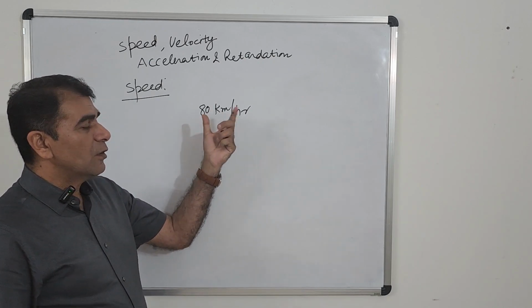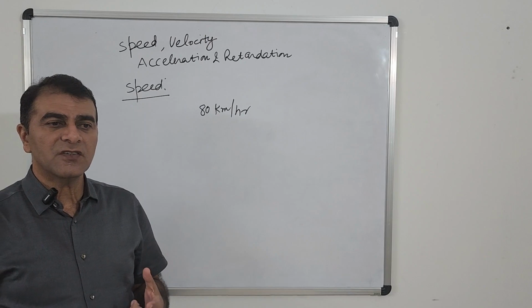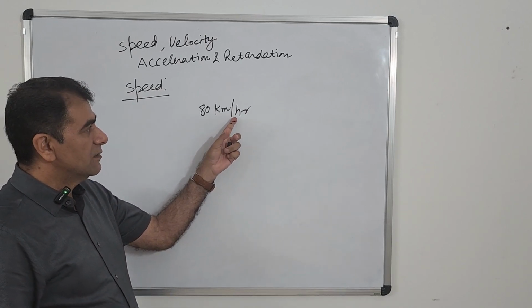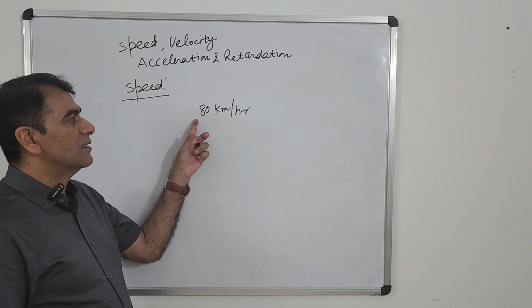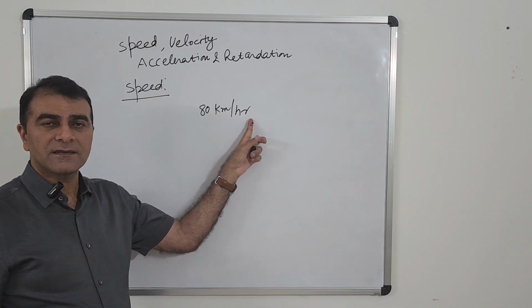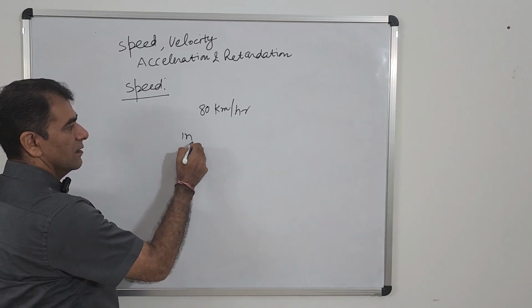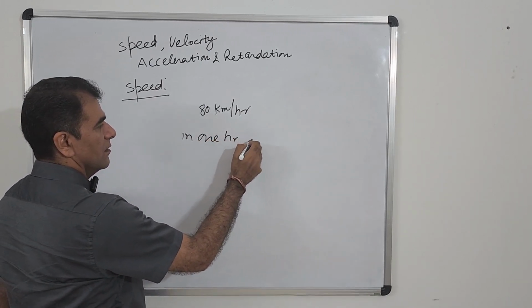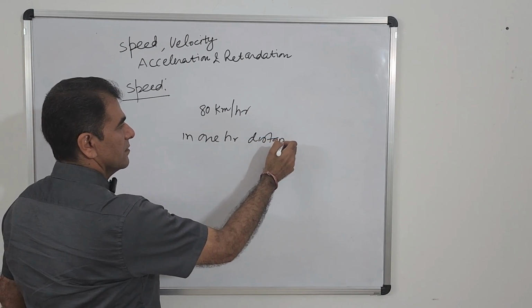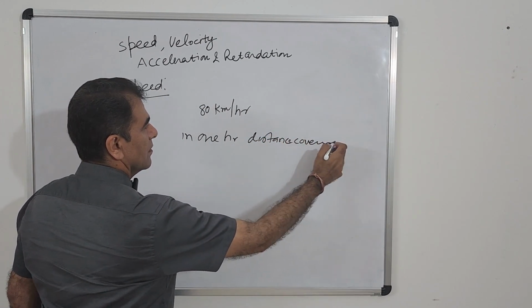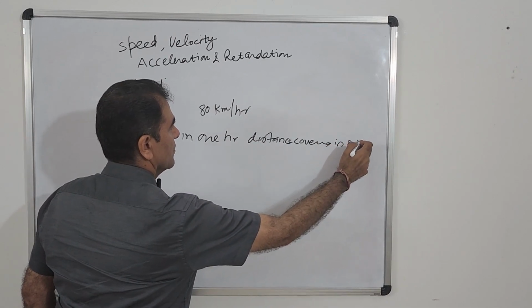When we say an object is moving with the speed of 80 kilometer per hour, it simply means that it covers 80 kilometers in an hour. So, in 1 hour, distance covered is 80 kilometer.